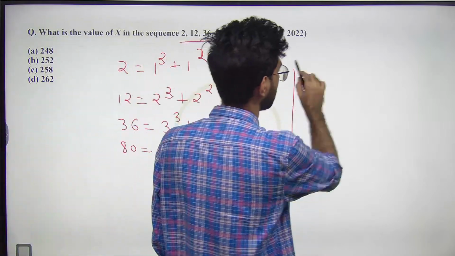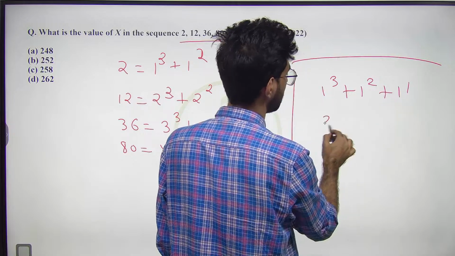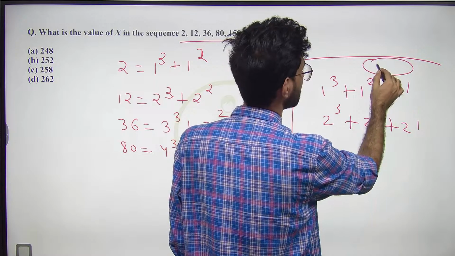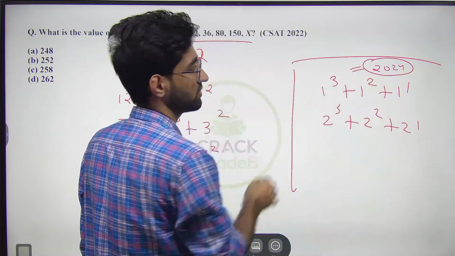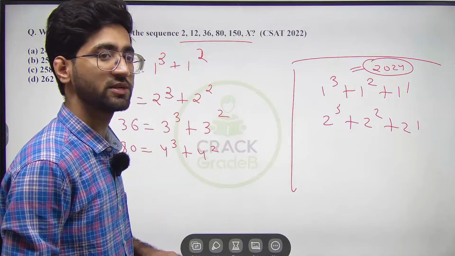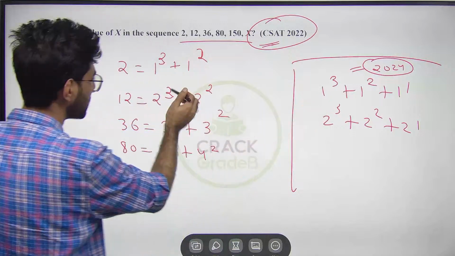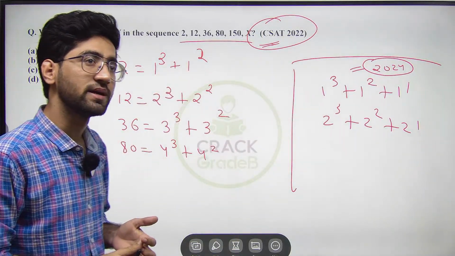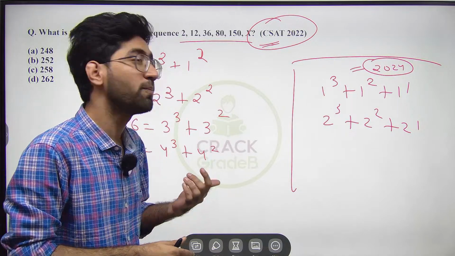In the last question, what was the pattern? The pattern was 1 cube plus 1 square plus 1 to the power 1, 2 cube plus 2 square plus 2 to the power 1. And CSAT has asked questions based on this pattern in 2024. And if you look at this question, CSAT has asked questions on the basis of a similar pattern in CSAT 2022. That's why usually we suggest aspirants to solve previous year questions.